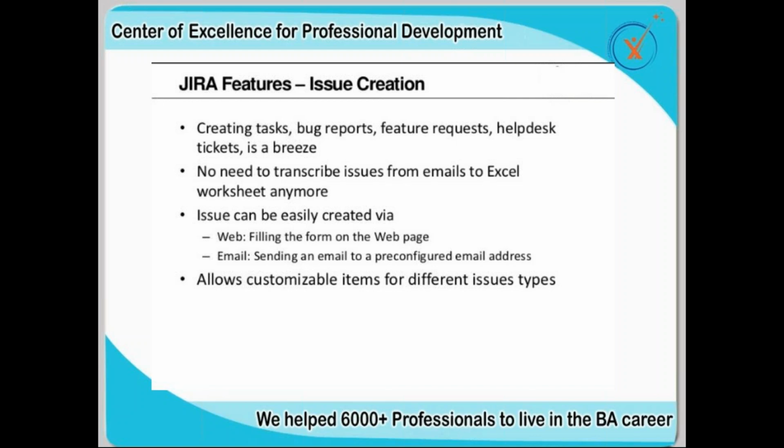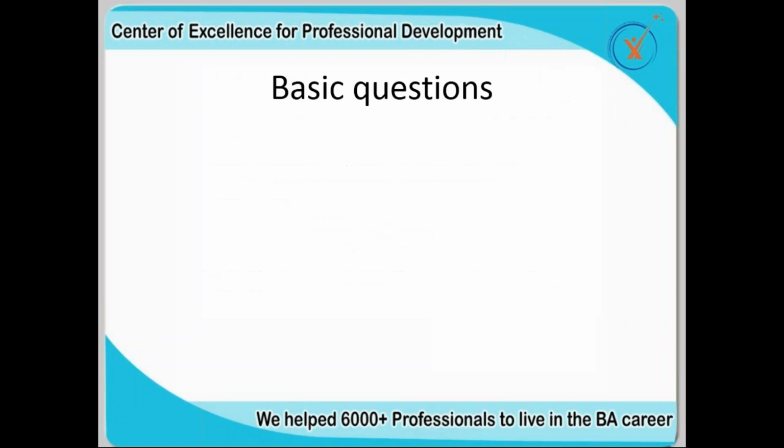You can download all your sprints or your user stories in the form of Excel sheets. You can create an issue through the web also by filling the form on the web pages. You can send an email for the pre-configuration. You can configure your email address with the Jira tool.